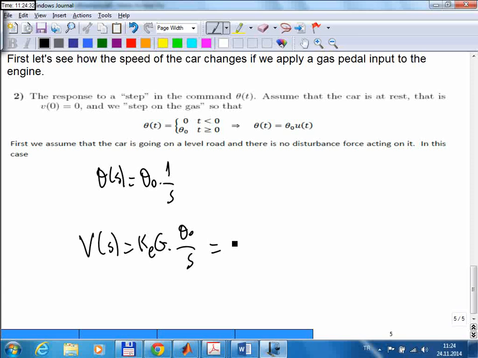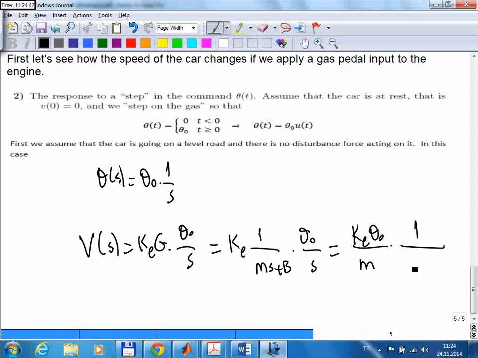And Ke is a constant number itself, but G is 1 over ms plus v. And I can write this as Ke theta 0 divided by m, times 1 over s plus v over m.